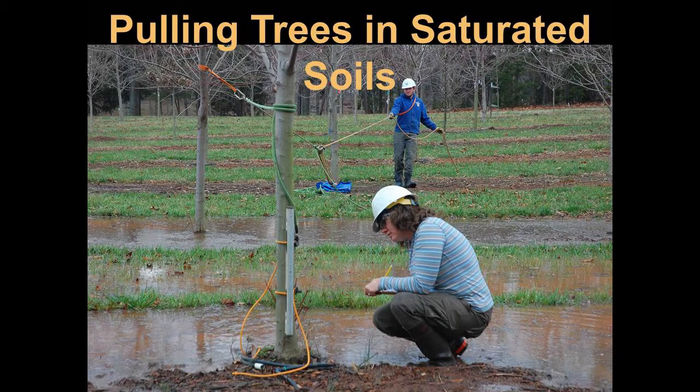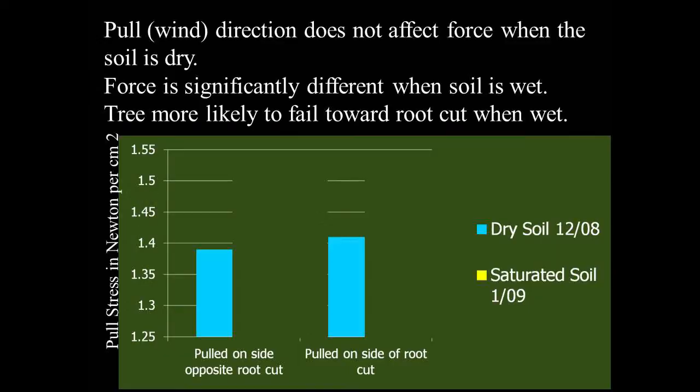So we waited until the soil was saturated, and we did it again. So this is my dedicated crew out there up to their ankles in water, pulling those trees in saturated soil. But what we found was when the soil was dry, it didn't matter. The force was the same to pull them to failure in either direction. But when the soil was saturated, there was a significant difference.